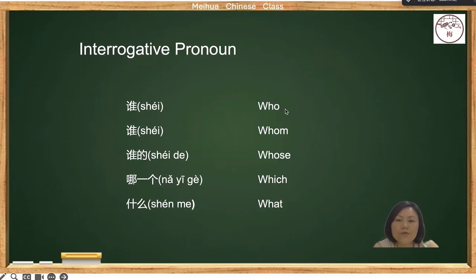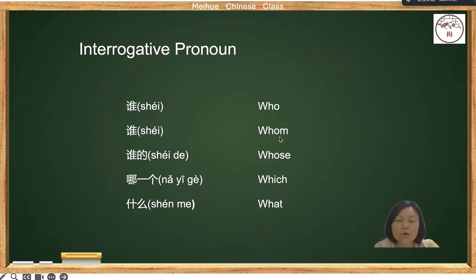They often work by leading a sentence, by standing at the beginning of a sentence. So for who, in Chinese we say it's 谁.